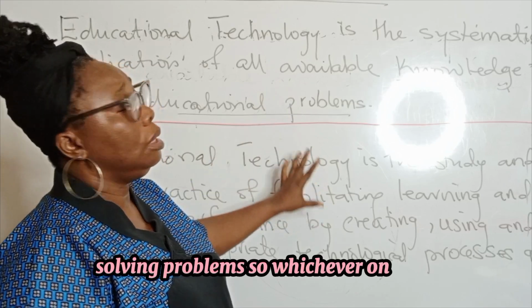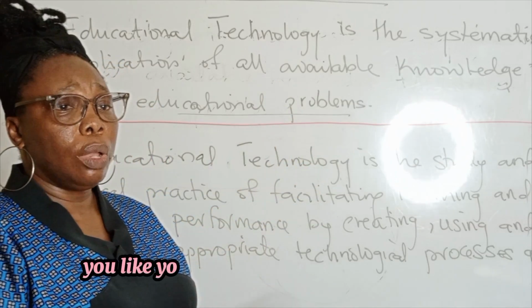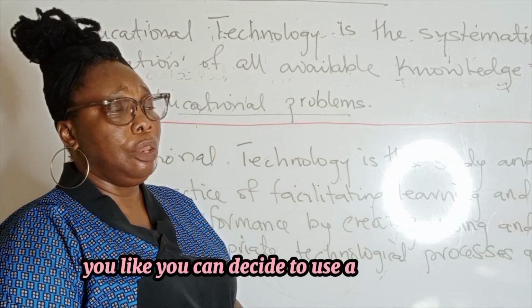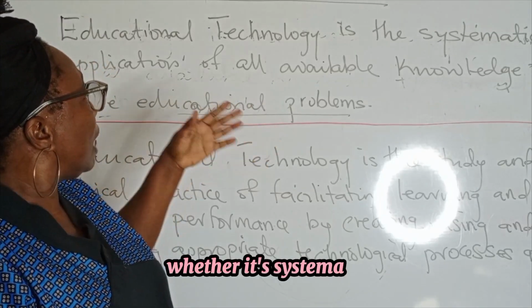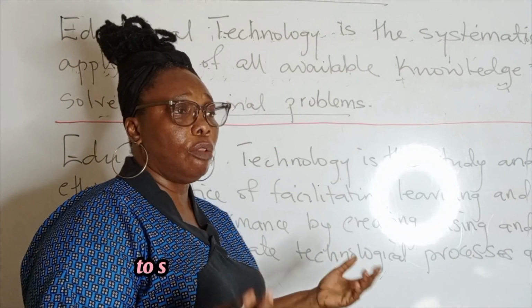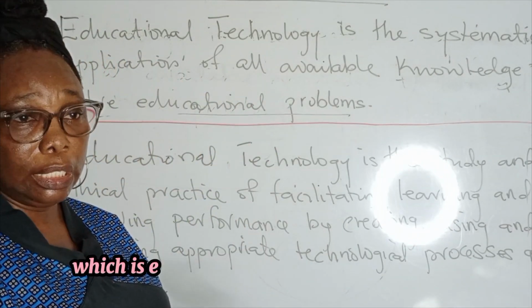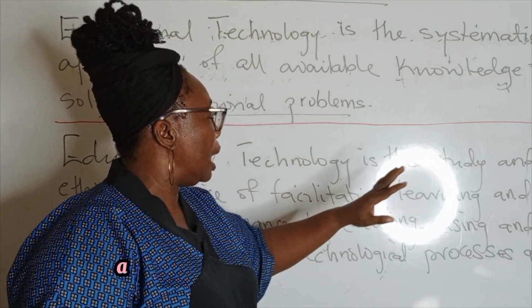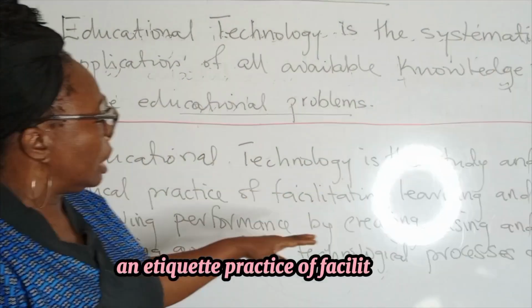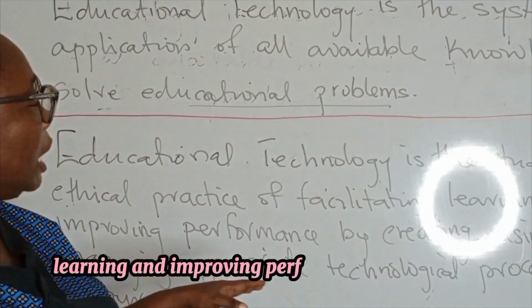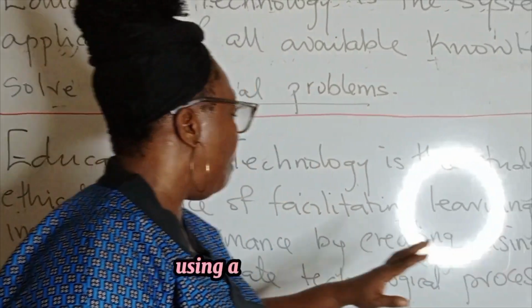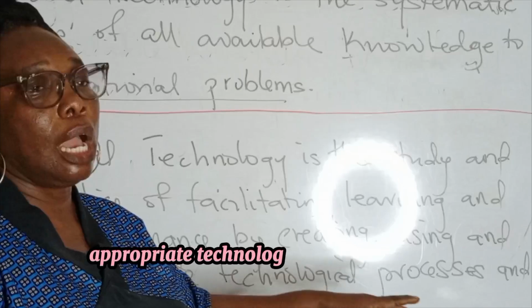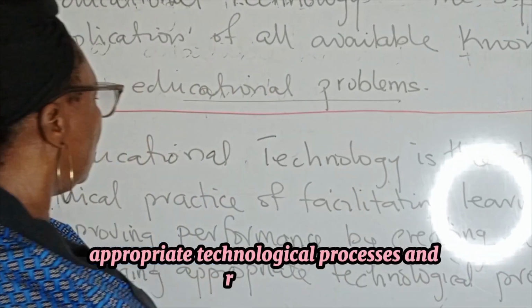So whichever one you like, you can decide to use any of them, whether it's the systematic application of all available knowledge to solve educational problems, which is easier, or the other one: the study and ethical practice of facilitating learning and improving performance by creating, using, and managing appropriate technological processes and resources.